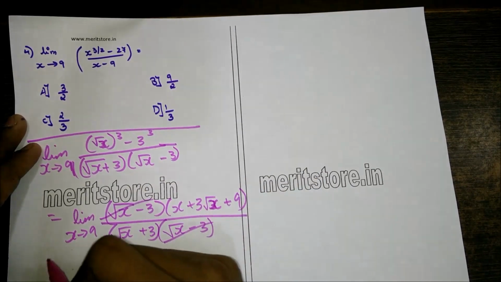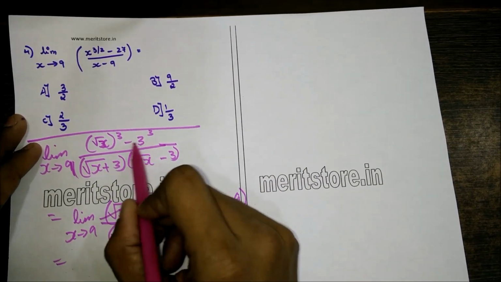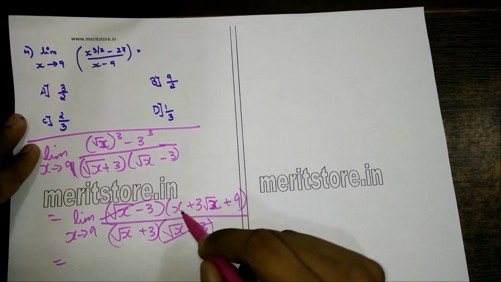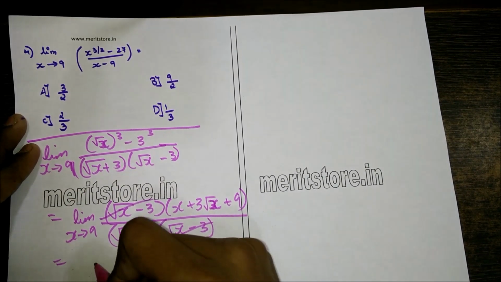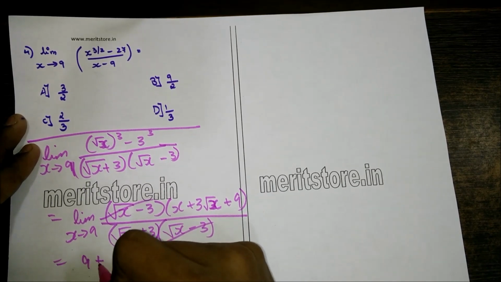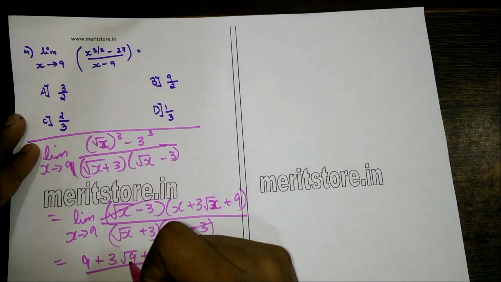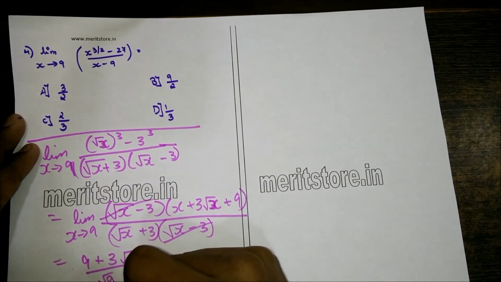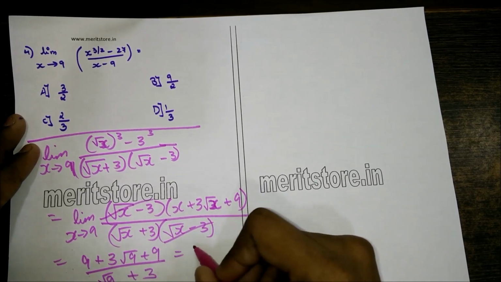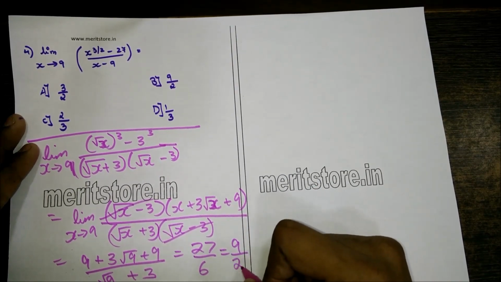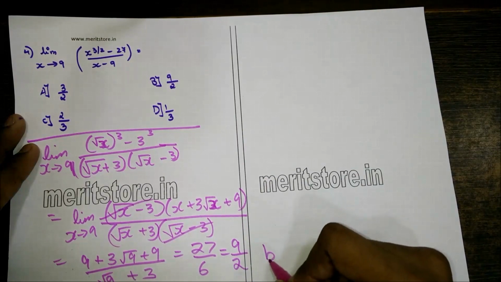These two terms cancel out. We have just simply expanded the numerator and we apply the limit of x tends to 9 and replace the value of x by 9. That gives us (9 plus 3 root 9 plus 9) upon (root of 9 plus 3). That gives us 27 by 6, which is 9 by 2, which is option B.